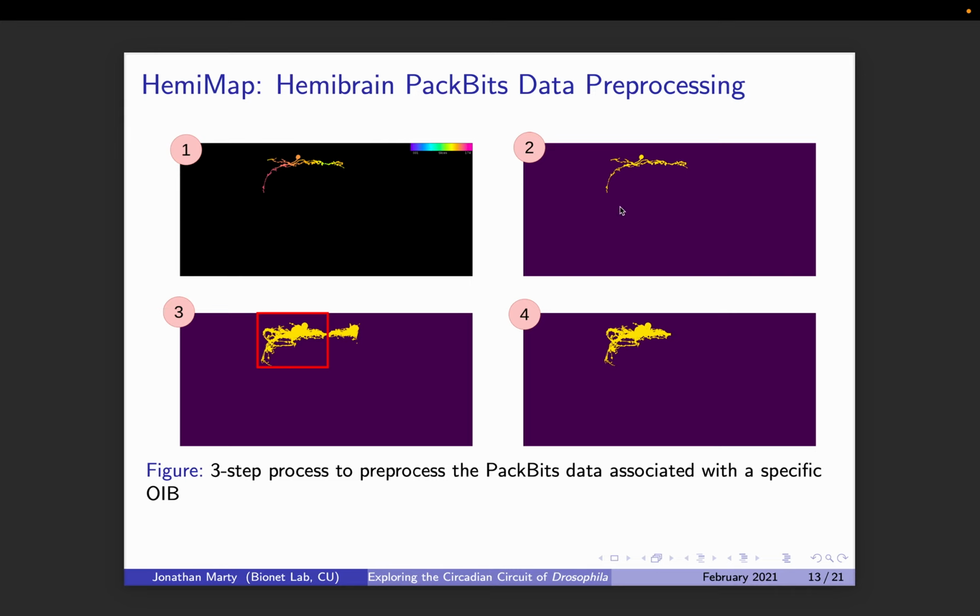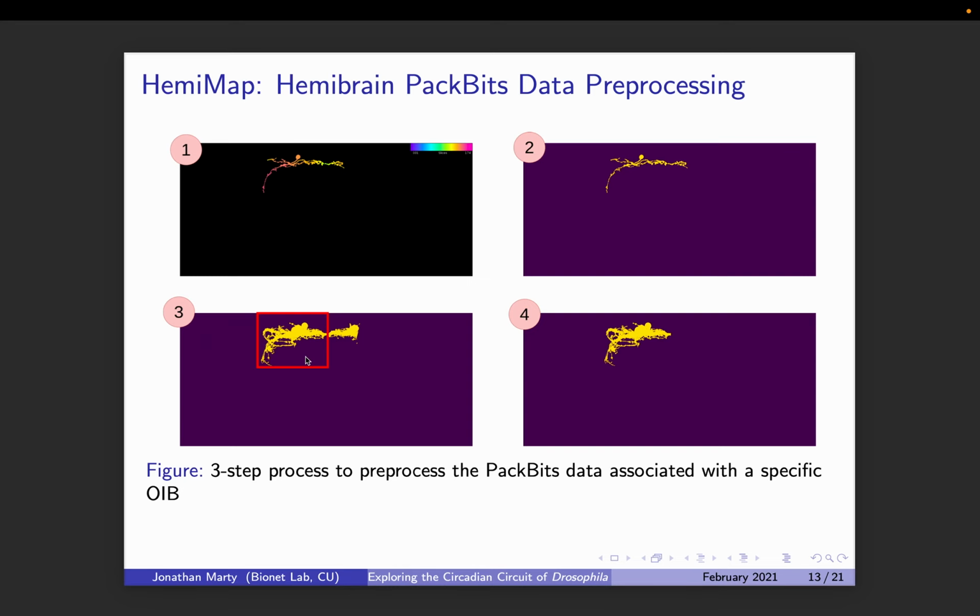We remove the color, so we're just looking at the XY coordinates for each of the DN1P neurons, and then for each XY coordinate we do a bitwise OR across the DN1P neurons, to produce an image where a 1 at a given pixel indicates that at least one of the DN1P neurons exists at that XY coordinate.